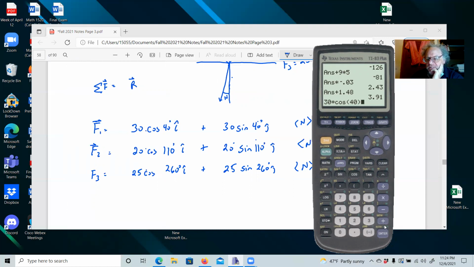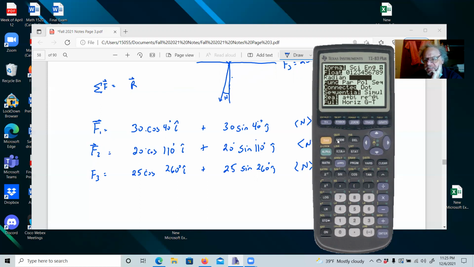So plus 20 times cosine of 110, plus 25 times cosine of 260, and this is all my i hat stuff. I'm going to do one thing before I press the equals button. We're going to check here. We're going to make sure that we are in degrees.